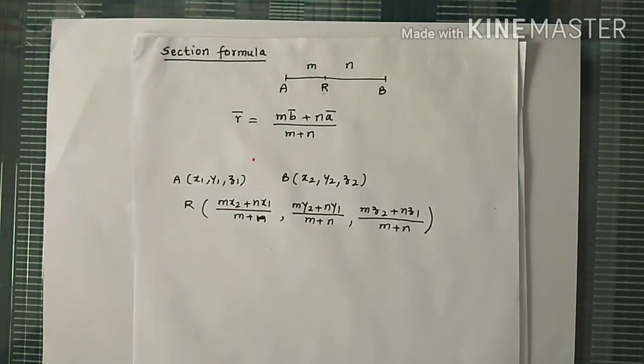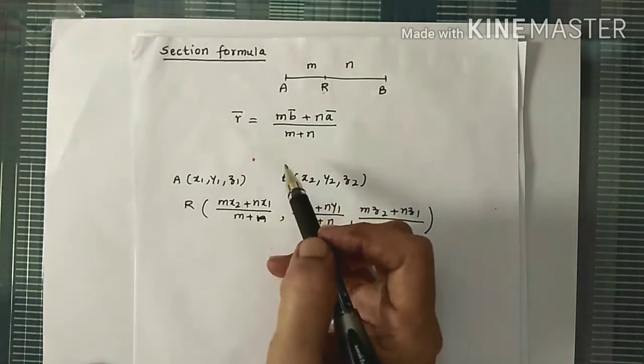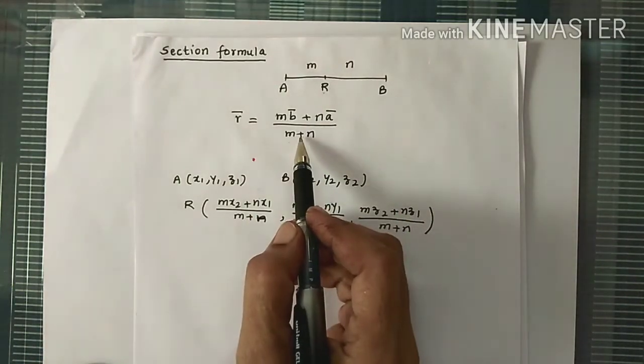So this is section formula for internal division. For external division, we have to put minus sign both in numerator and denominator. Now this is a section formula in terms of vectors.